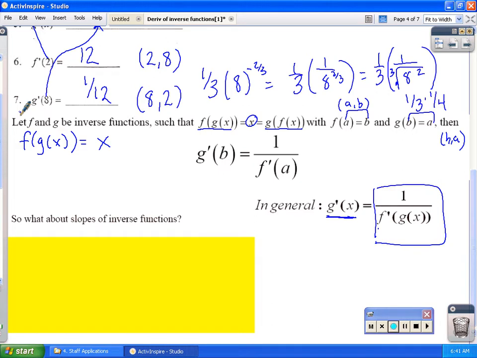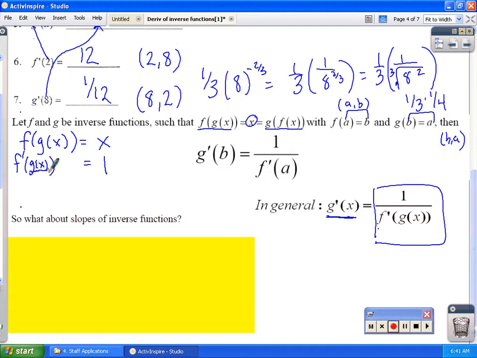So I'm going to find the derivative of both sides. On the right-hand side, finding the derivative of x is very easy. The derivative of x is simply 1. On the left-hand side, I'm going to use the chain rule to find the derivative. So I'll find the derivative of the outside, which will give me f prime of g of x, multiplied by the derivative of the inside.